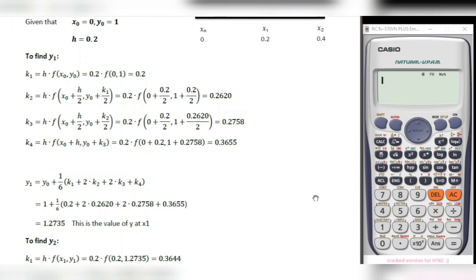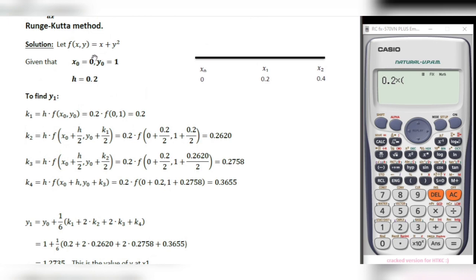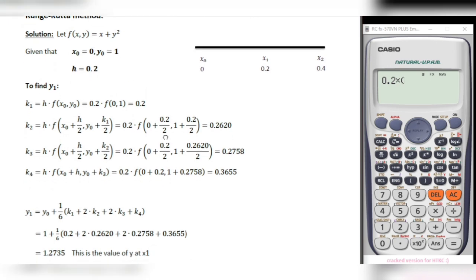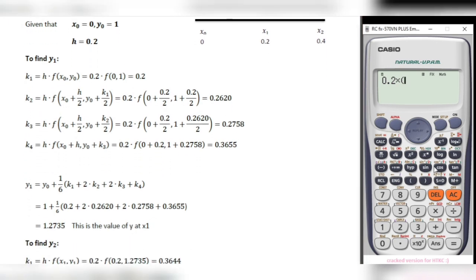That is h is 0.2 into bracket open, f of x comma y is x plus y square, x plus y square.